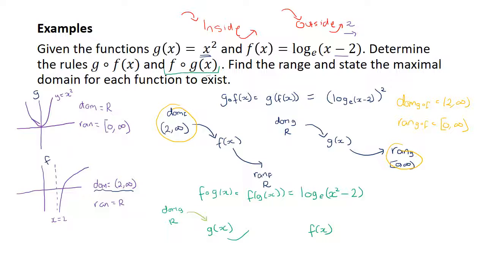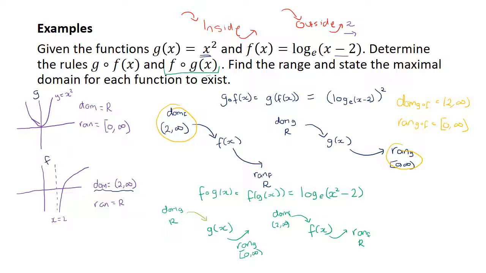The possible things that could come out would be our range of g, and our range of g is 0 to infinity. Possibilities to go in to f of x, domain of f, which is 2 to infinity, and what might come out is the range of f, which is the reals.